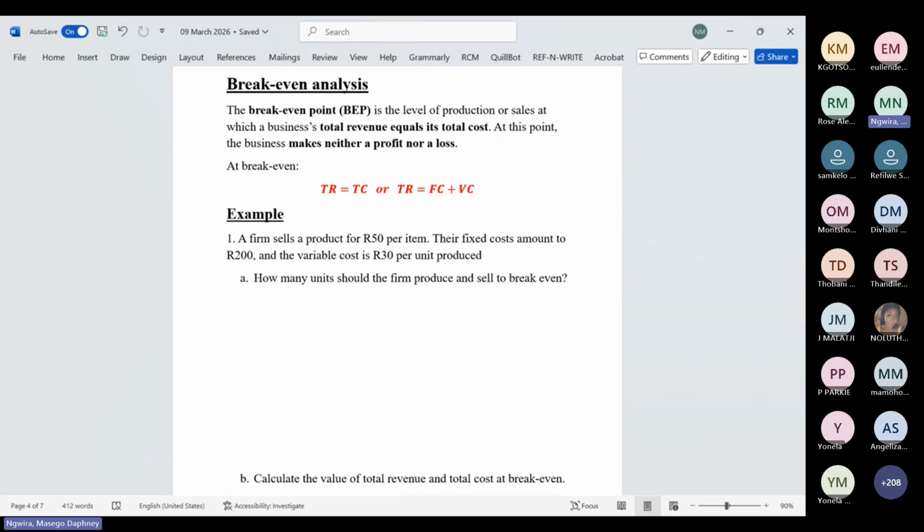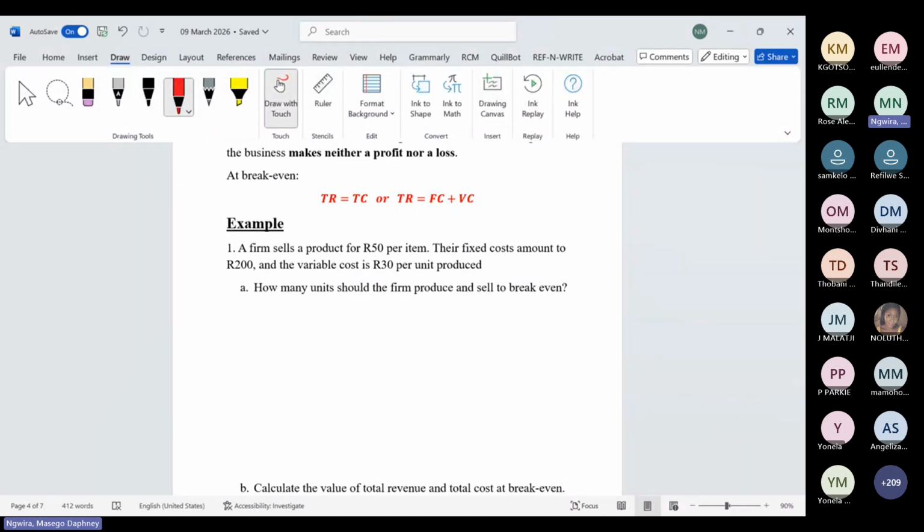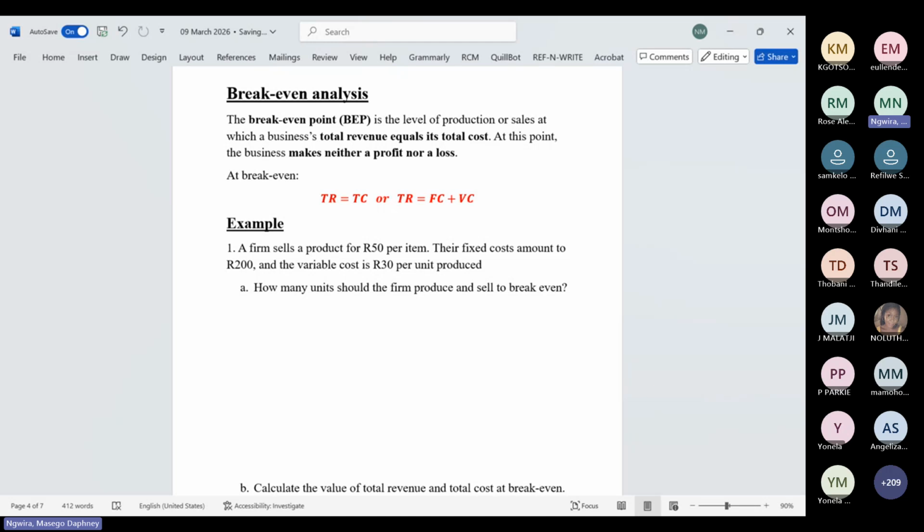We have an example here. A firm sells a product for 50 Rand per item. Their fixed costs amount to 200. If we analyze the statement, a product for 50 Rand per item is our total revenue, because TR equals P times Q, P being the price per item.